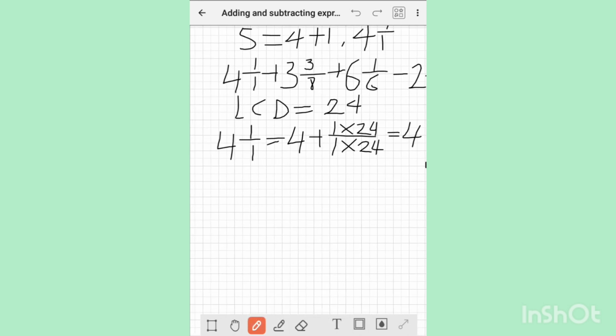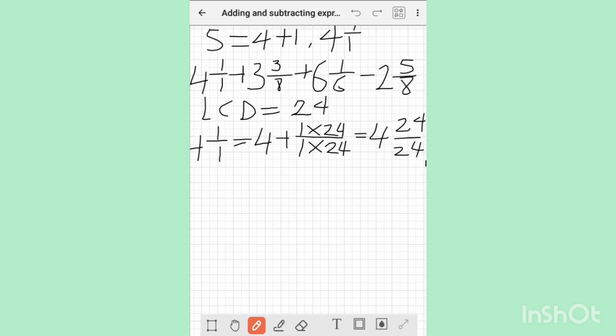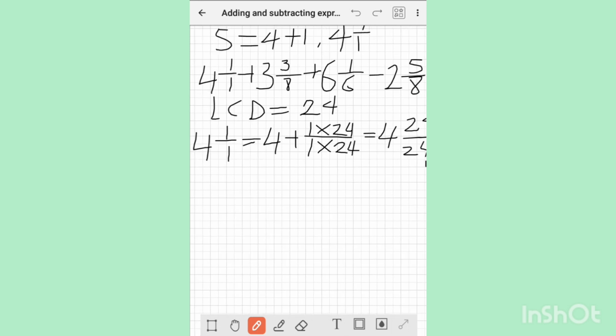Now the second fraction is 3 whole 3 over 8, which is the same thing as 3 plus, I multiply 8 by 3. So this will now be 3 multiplied by 3 all over 8 multiplied by 3.